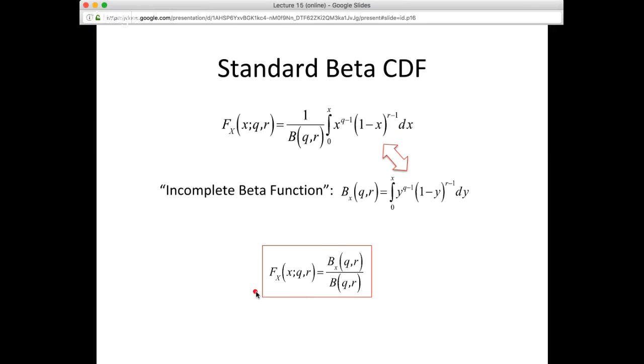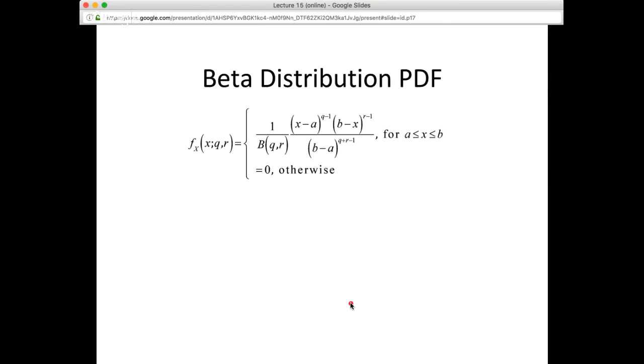But in order for us to take advantage of that, we have to somehow figure out how to do a variable transform so we can transform the general beta distribution into the standard beta distribution, which would allow us then to use this simple result. Okay, so that's what we're going to focus on next.